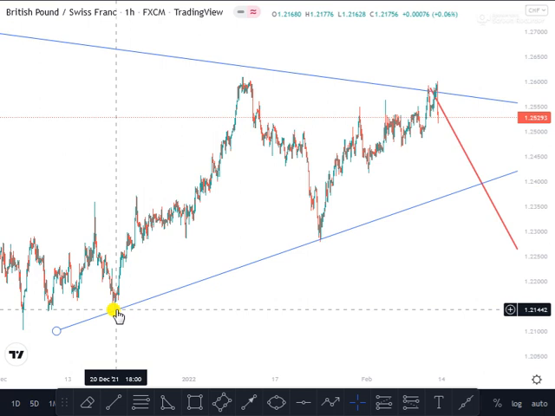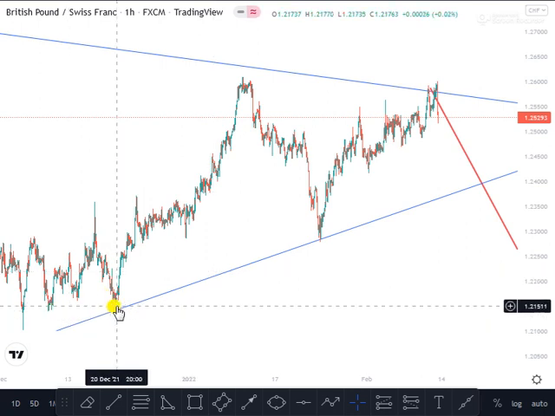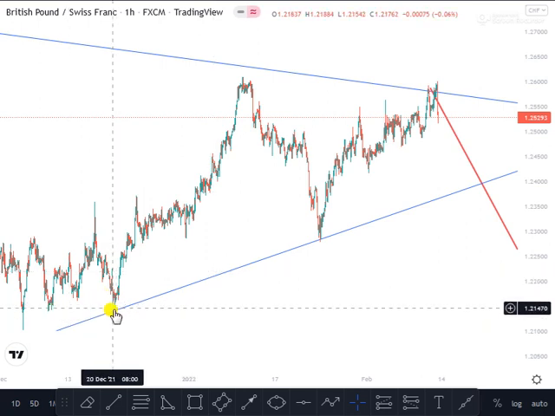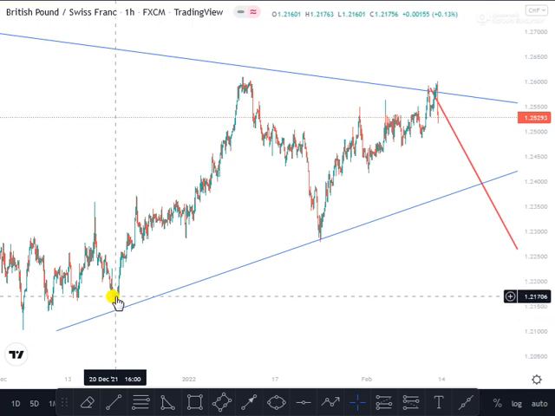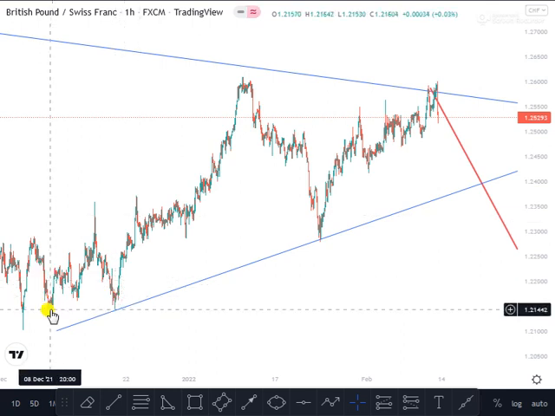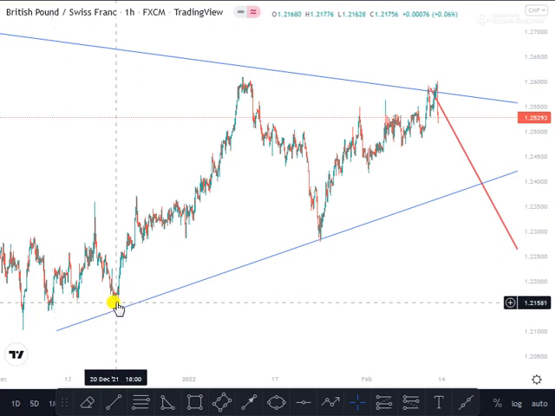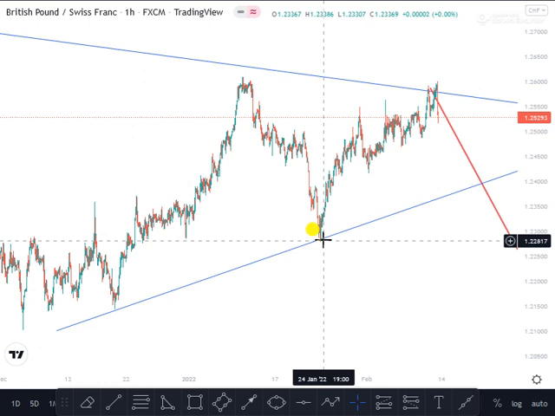Okay, this is low, and this is low. Let's say this is high. This high is higher than this one. And here this is low, and this low is lower than this low.